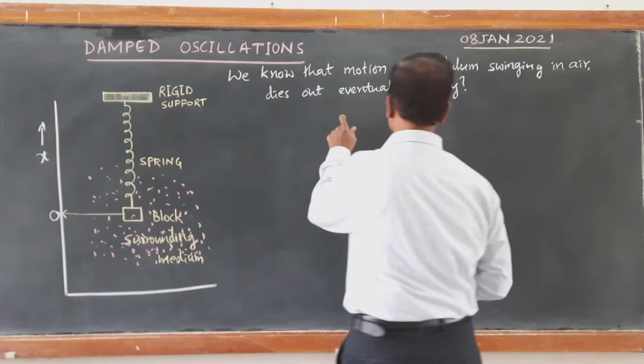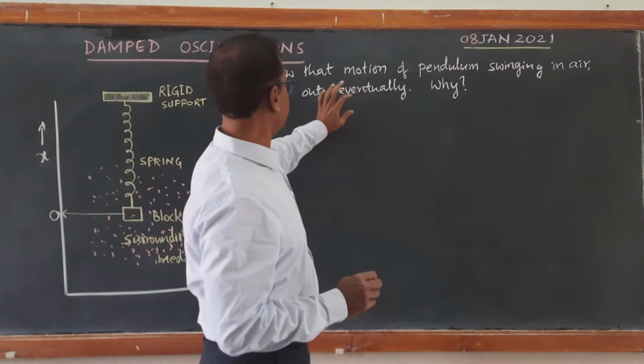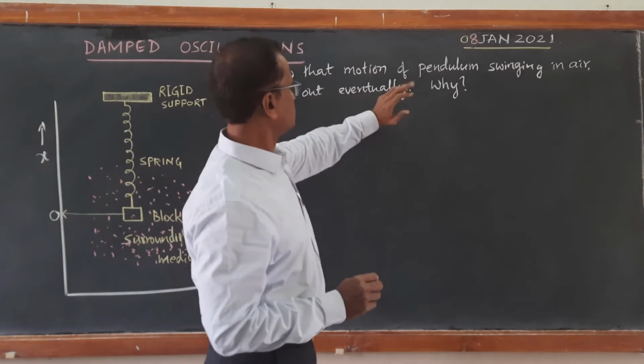So we will write the reasons here why the motion of the pendulum swinging in air dies out eventually. Why?